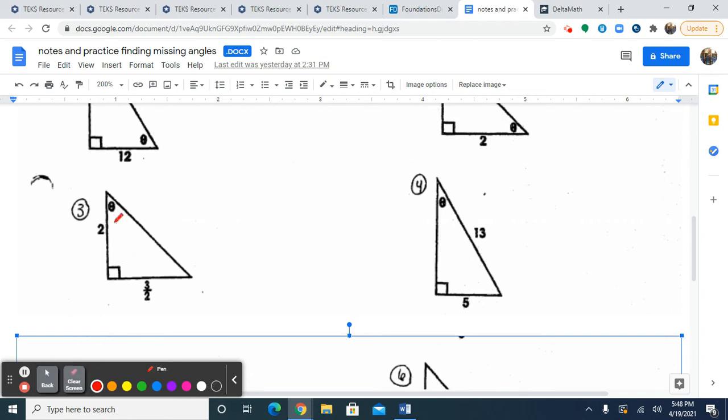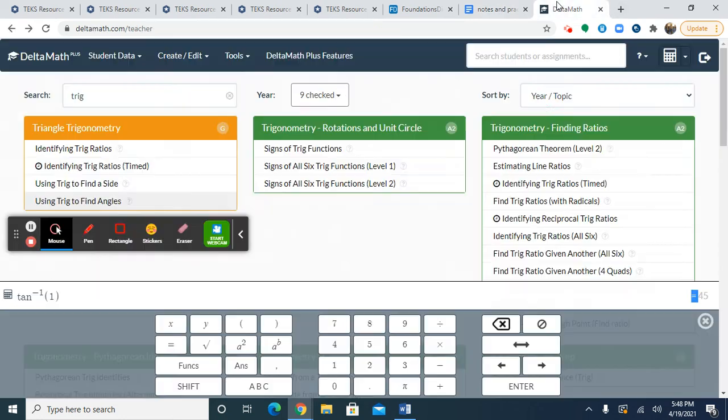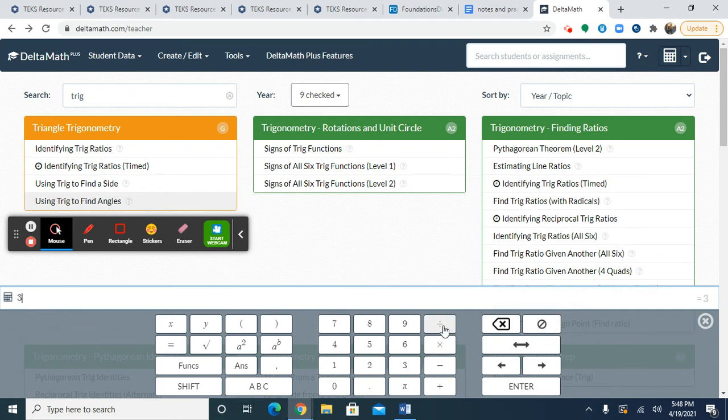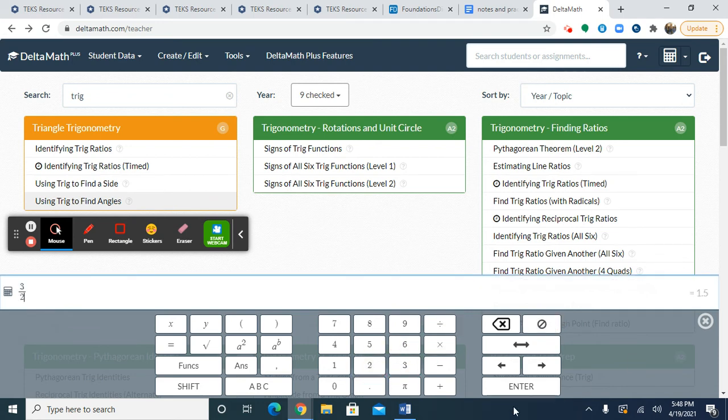Now, similar situation, we have our opposite side and we have our adjacent side. So again, we should be able to use tangent. We're going to use tangent of theta. We can go ahead and convert that to a decimal, that's no problem. So 3 over 2. 3 divided by 2 is 1.5.